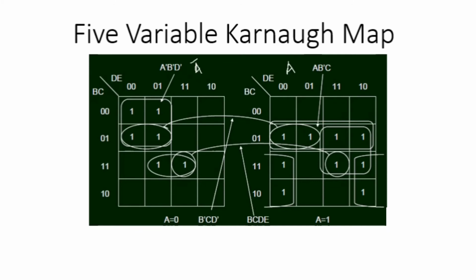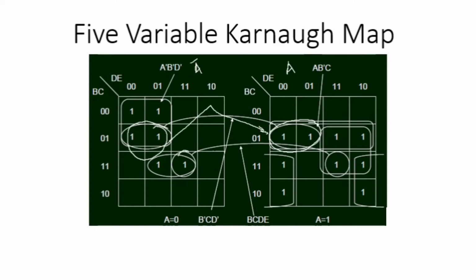Like we can see here that this is a pair. Similarly, this is also a pair, but these two pairs are at the same location in these cells, so I will consider this as a quad. Okay.